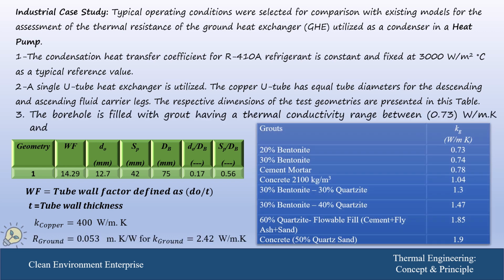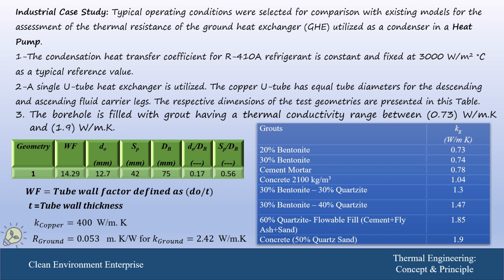And we will go through this application for this geometry for a range of thermal conductivity of the grout material, ranging between 0.73 watt per meter Kelvin up to 1.9 watt per meter Kelvin, as shown in this table.